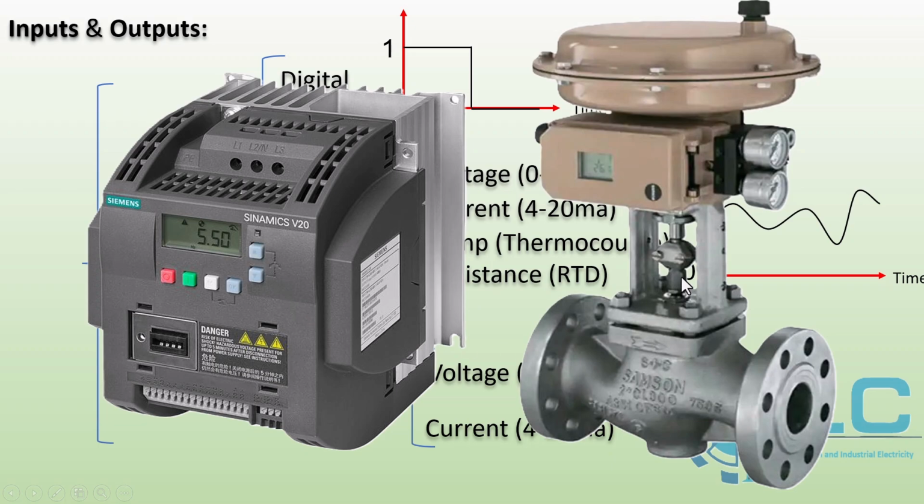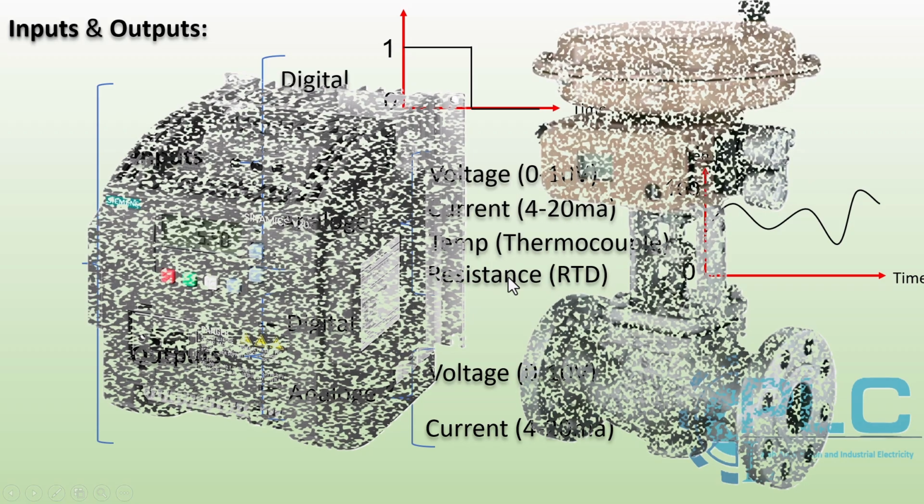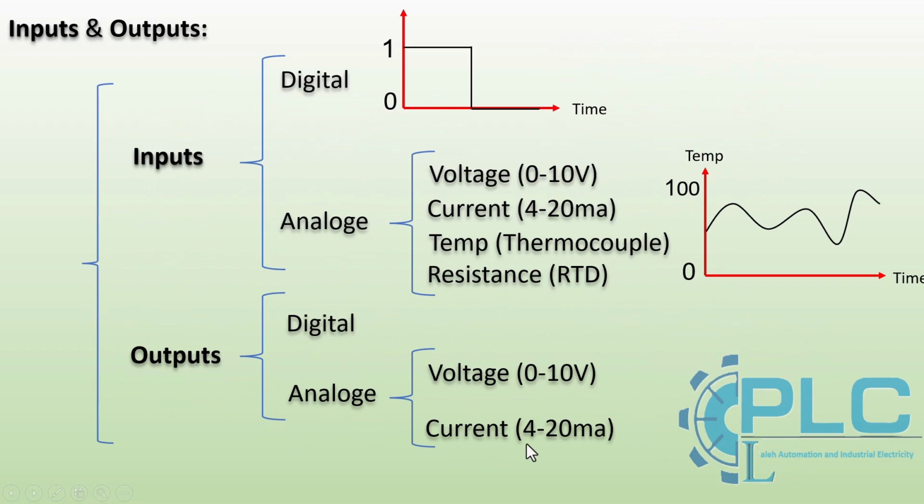Current-based outputs, for example 4 to 20 milliamp, commonly used for controlling actuators, valves, or motor speeds in industrial applications. Understanding the difference between these types of inputs and outputs is fundamental for designing and programming PLC systems efficiently.